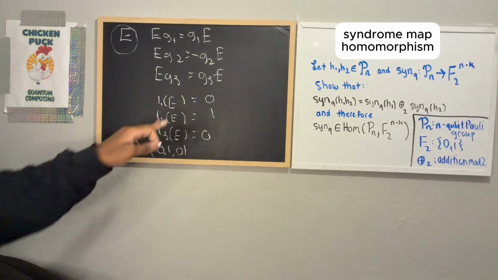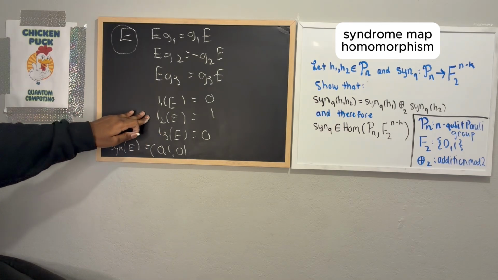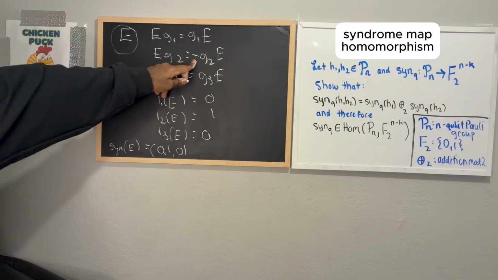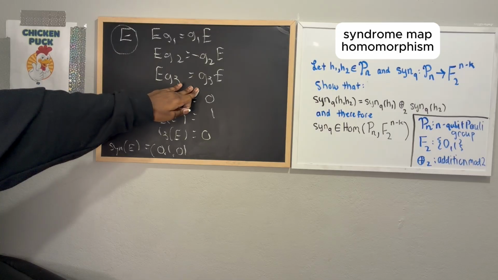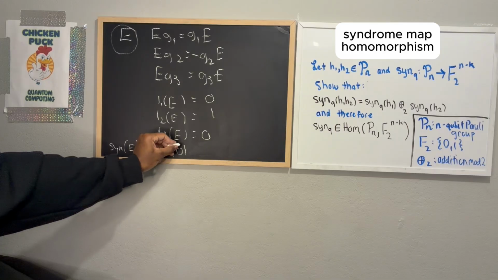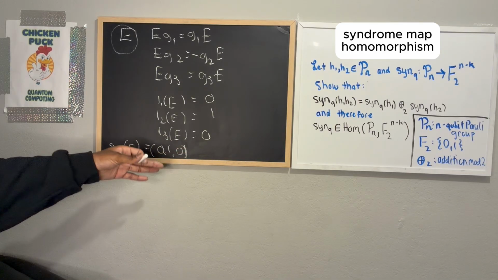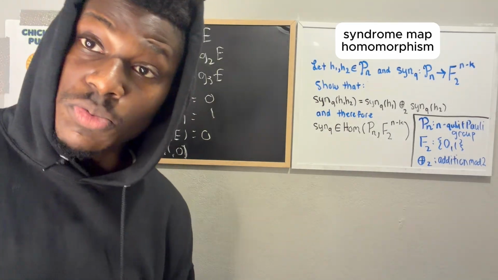For the second one, we have a 1, since there's a negative 1 here, meaning they anti-commute. And for the third one, we have 0 because they commute. So we just collect those individual answers and we get 0, 1, 0, which is our syndrome. That's all it's doing. Let's jump into the problem now.